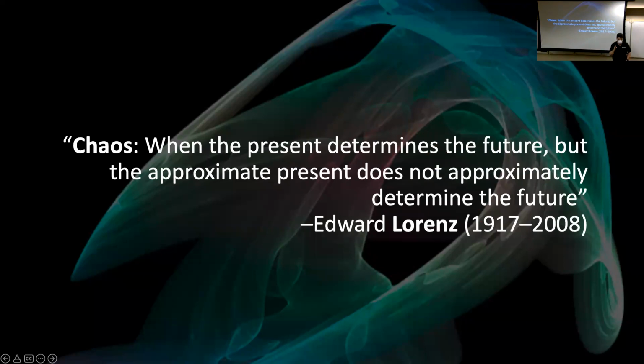If you know everything exactly now, you know exactly how things will be in the future. But in chaos, if you don't know things exactly now, that uncertainty adds up, so that in the future, things are going to be way different from your predictions. It really matters whether the butterfly's wings are up or down.